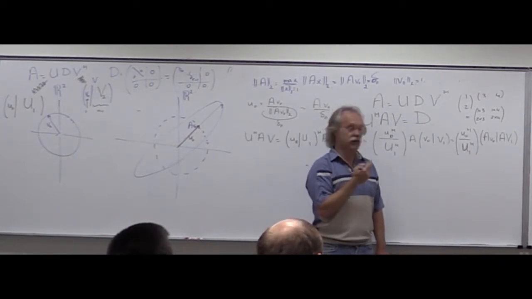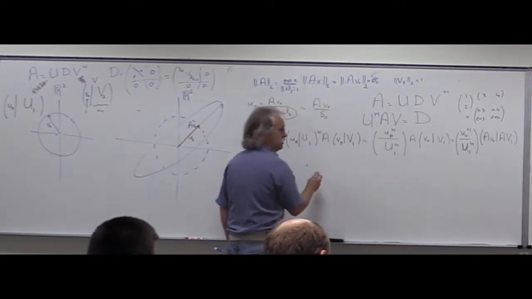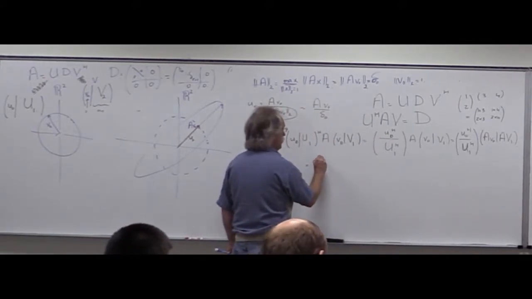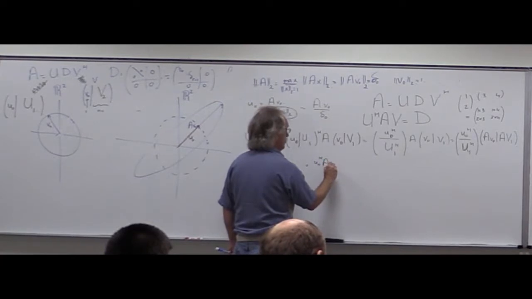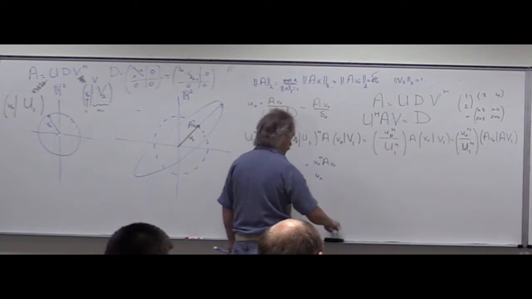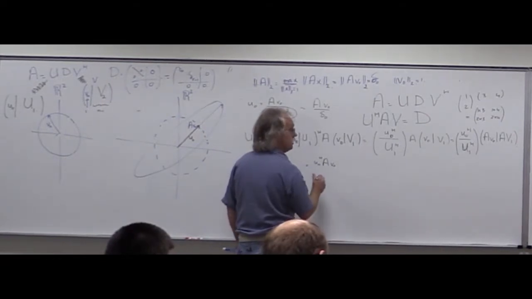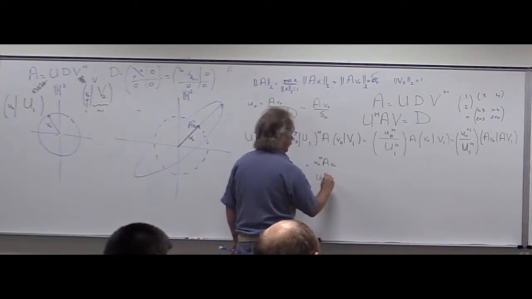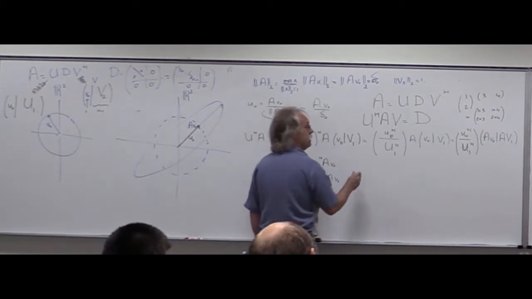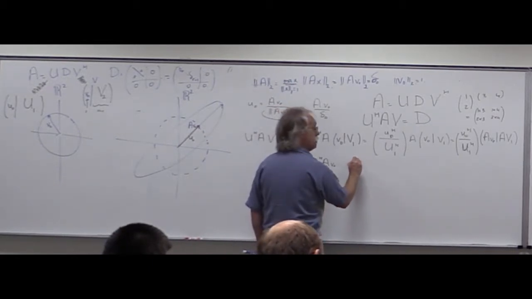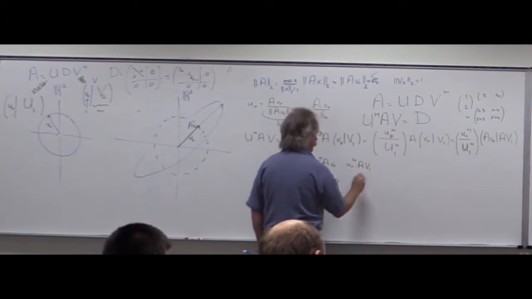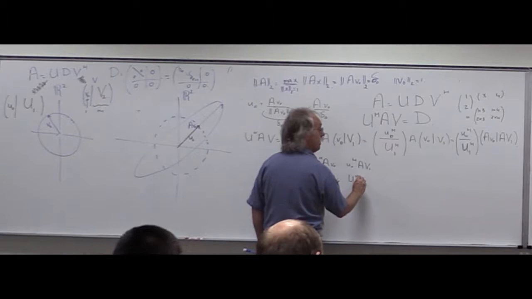So this is just U0 Hermitian A times V0, U1 Hermitian A times V0, U0 Hermitian A times V1, and U1 Hermitian A times V1.